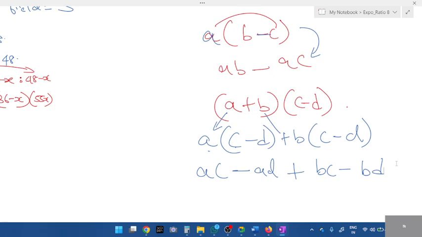Write it once. Write this: A plus B into C minus D. Elaborate it.